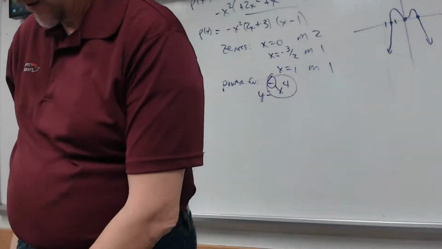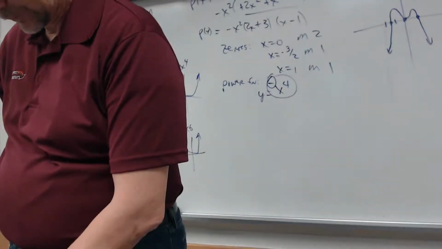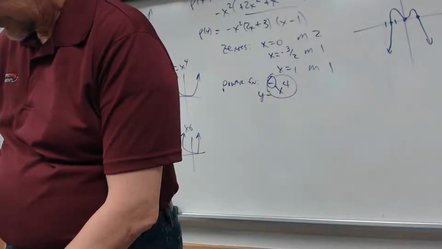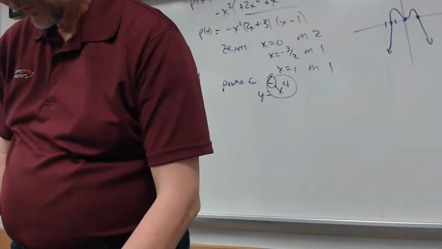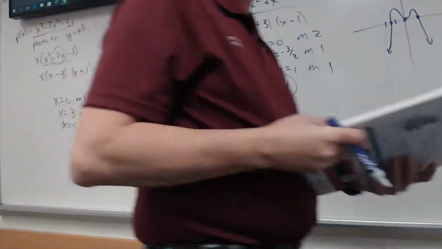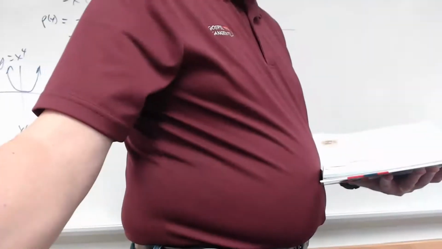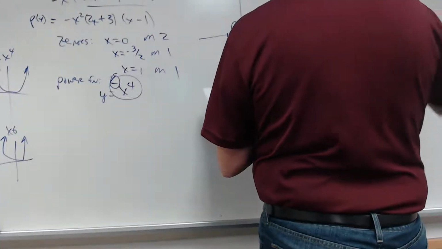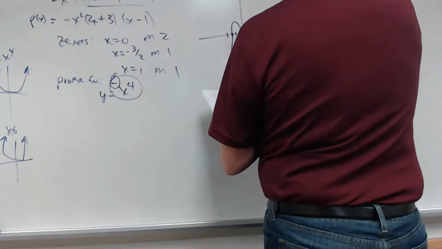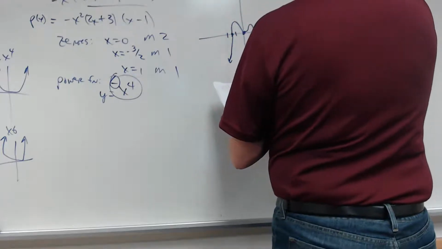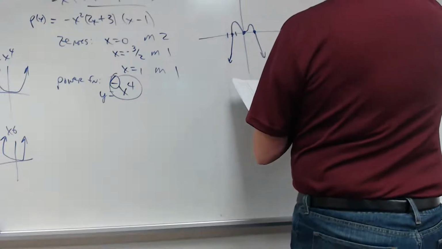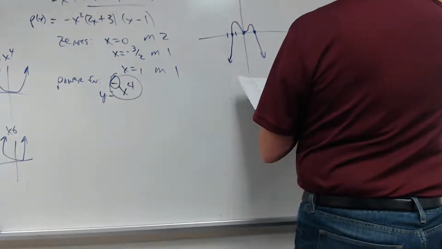All right, how about, oh, here's a good one. Oh, that was barely on the screen. You guys just tell me that. Here we go. P of x equals x cubed minus 2x squared minus 4x plus 8.